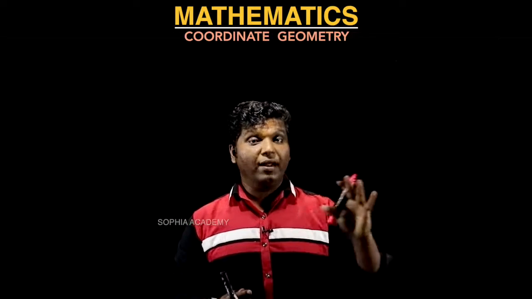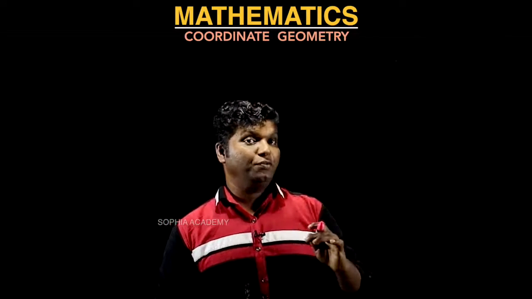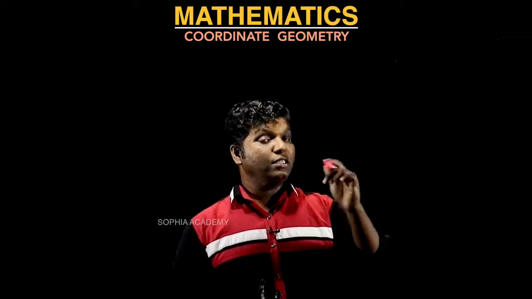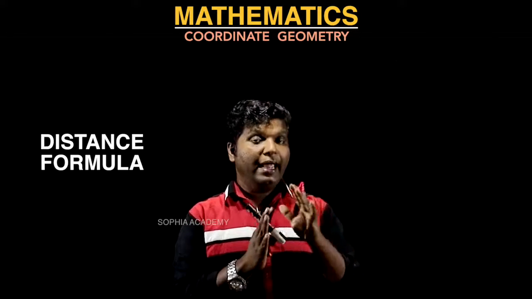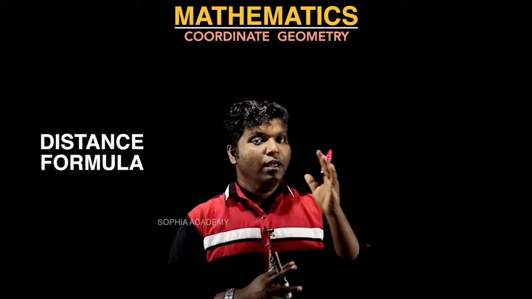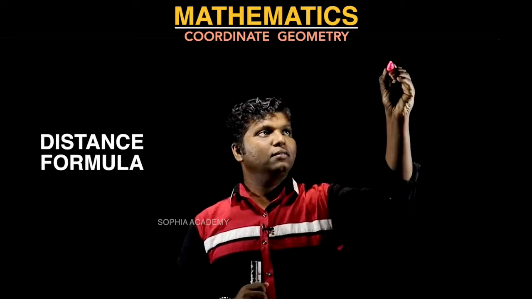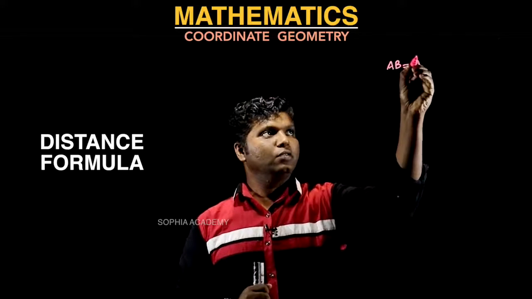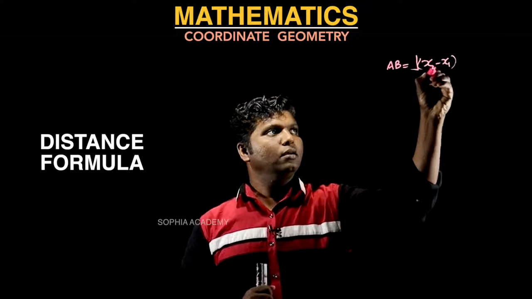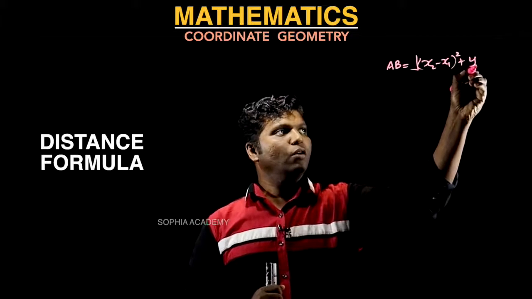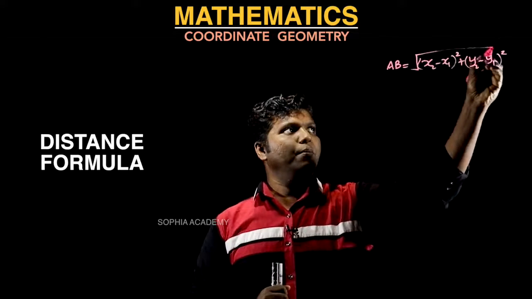Students, first of all let me write the formulas which we are going to deal with in this chapter before getting into the first question. The first one is the distance formula. If you take two points A (x1, y1) and B (x2, y2), the distance AB is equal to the root of (x2 minus x1) the whole square plus (y2 minus y1) the whole square.